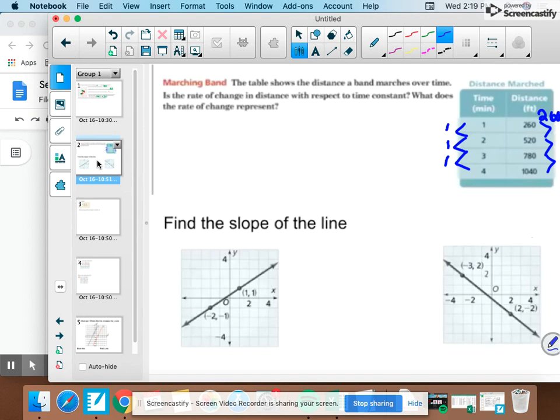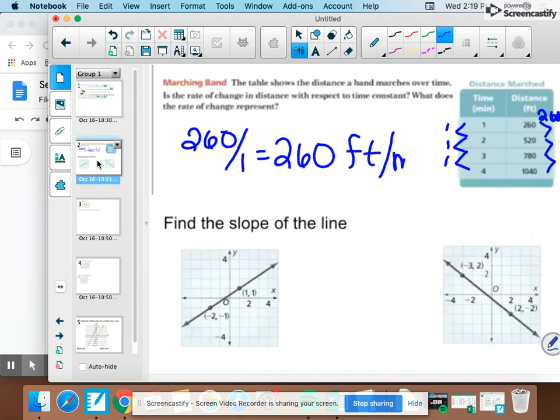So again, that's the vertical change over the horizontal change. We take 260 over 1, which is just 260. But then it says, what does it mean in context of the problem? So that means 260 feet per minute.